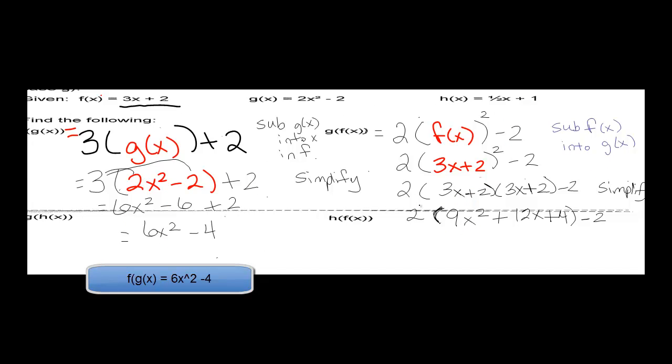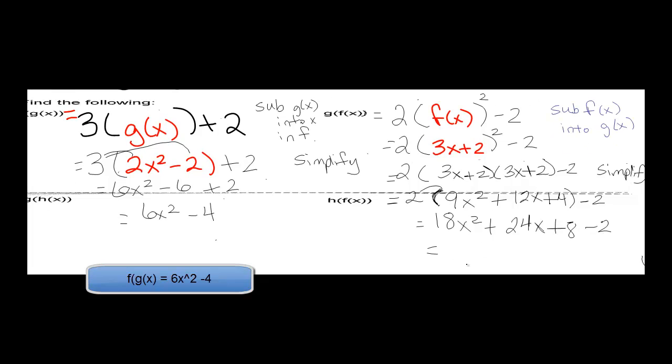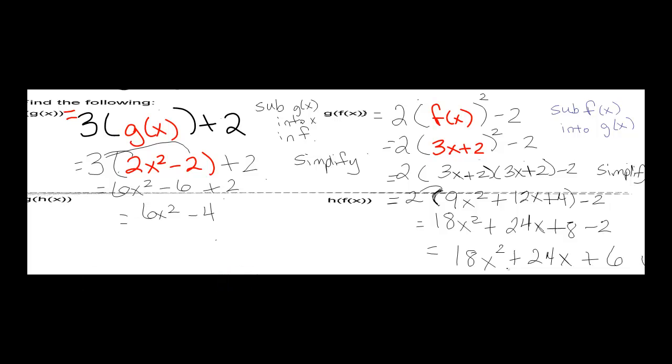Then multiply through by 2 to every term. We have 18x squared plus 24x plus 8 and minus 2. Now let's combine like terms to get 18x squared plus 24x plus 6.